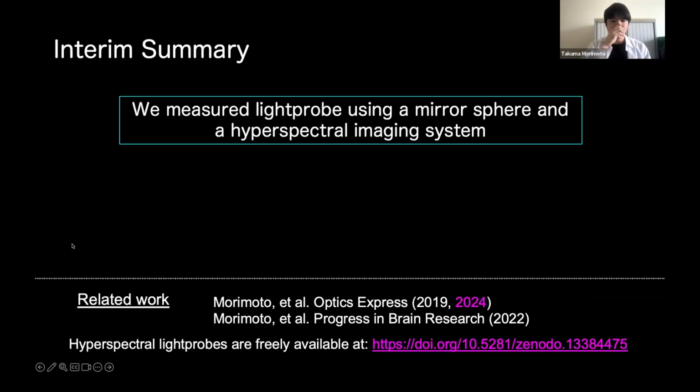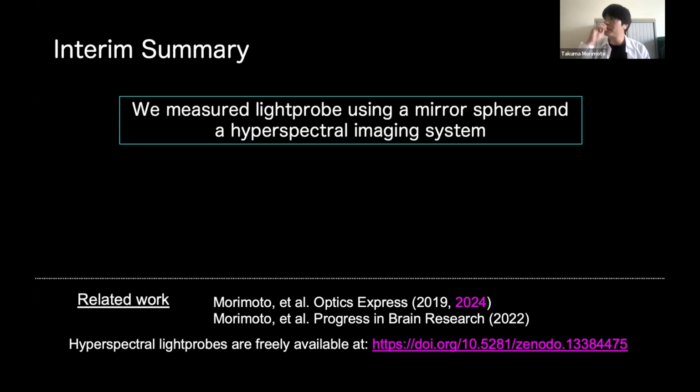Okay, before moving to the second part of the talk, I wanted to summarize our first part. We measured hyperspectral light probes using a mirror sphere and a hyperspectral imaging system. By the way, there are other ways to measure these light probes.